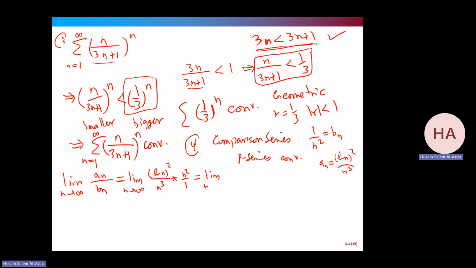That will be limit n goes to infinity of ln n squared over n. The limit is infinity over infinity, so I can do L'Hopital's rule. So I have the limit, make it x. Yeah, better to make it with x.